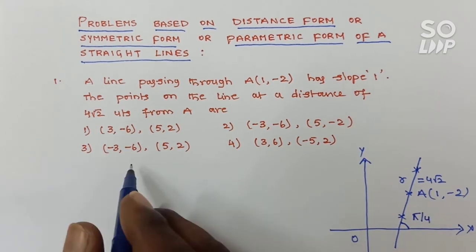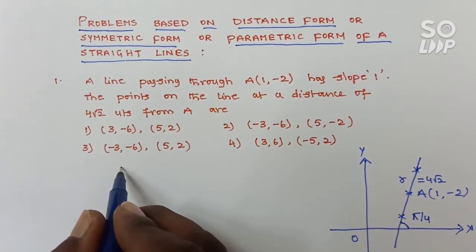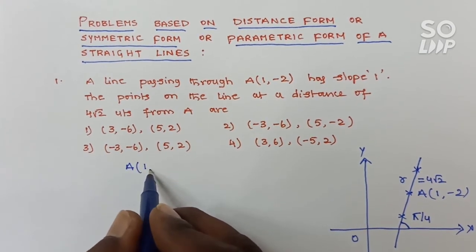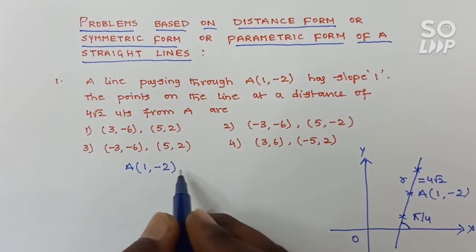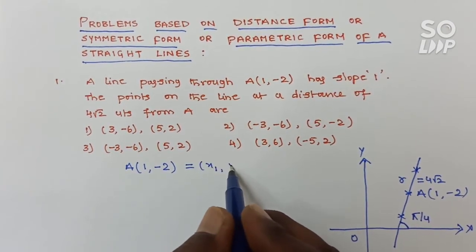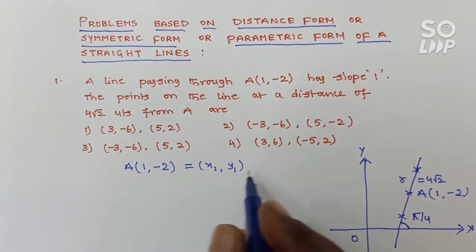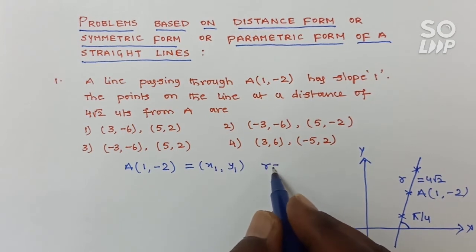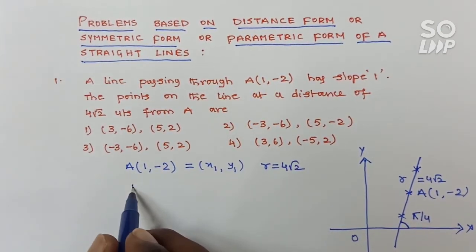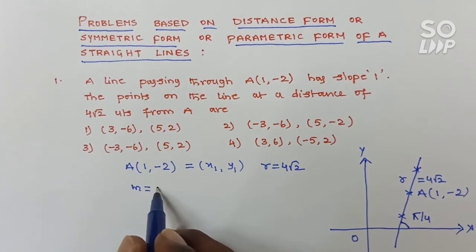Now first of all, write the given information. The given point A is (1, -2), which is nothing but x1 comma y1. Next, r is equal to 4 into root 2. And the slope m is equal to tan theta.